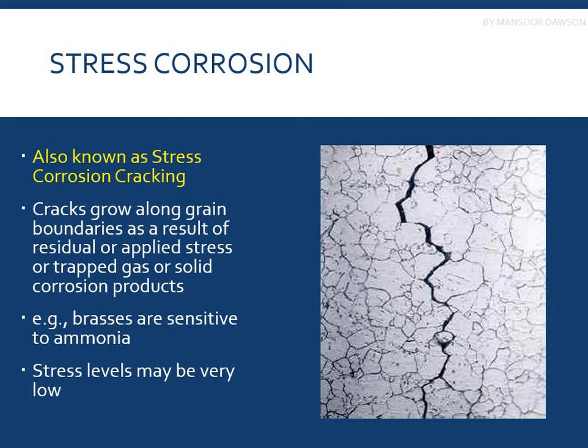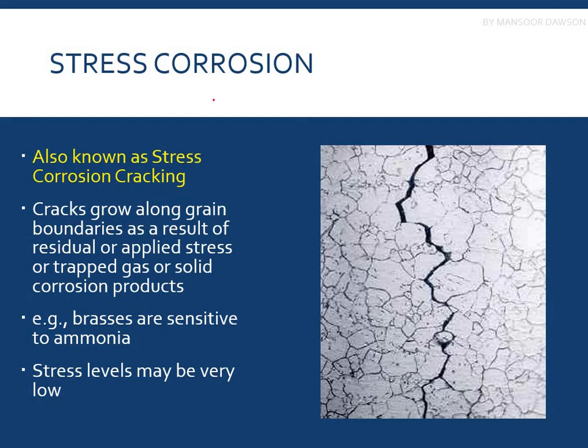As you can see, the crack is initiated and propagated through the grain boundaries, and it is usually common in brass alloys which are exposed to ammoniacal environments, which is the corrosion environment for brasses. And if the brasses are stressed in that particular corrosion environment, the corrosion in that case would be stress corrosion.